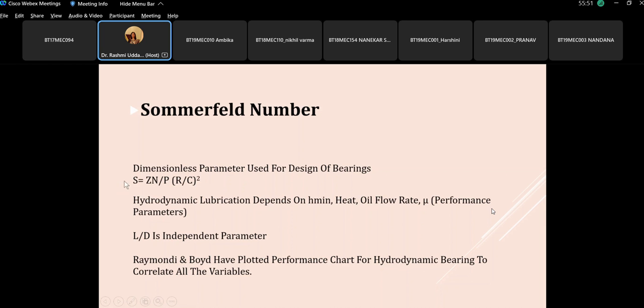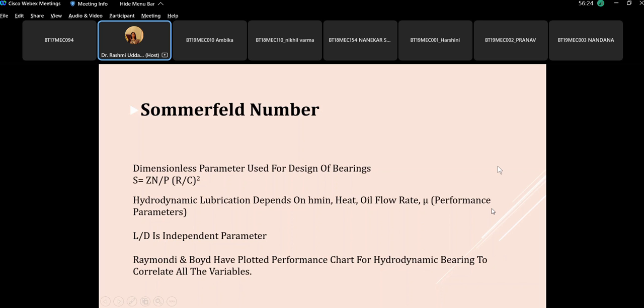This Sommerfeld number is another dimensionless number, given by Zn by P into R by C whole square. This is radial clearance. And this will depend upon the minimum oil film thickness, amount of heat generated, oil flow rate. As I told you, we will be referring to the performance charts plotted by Raimondi and Boyd.